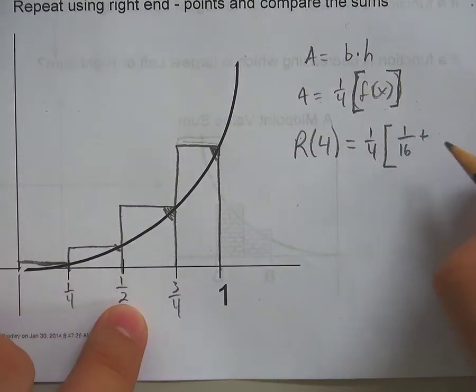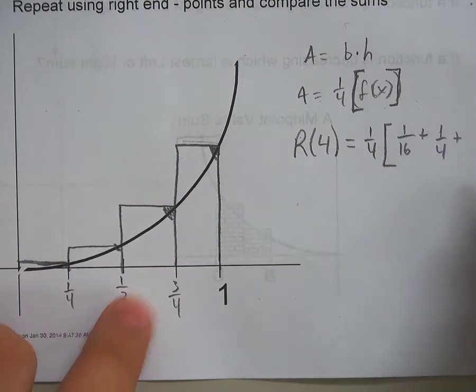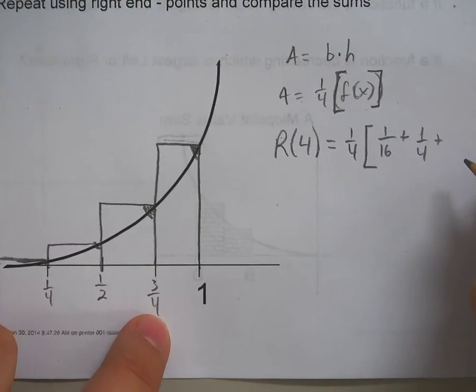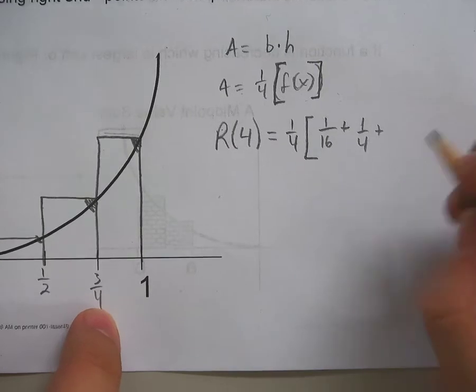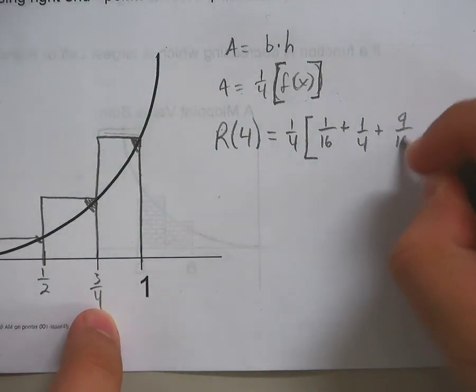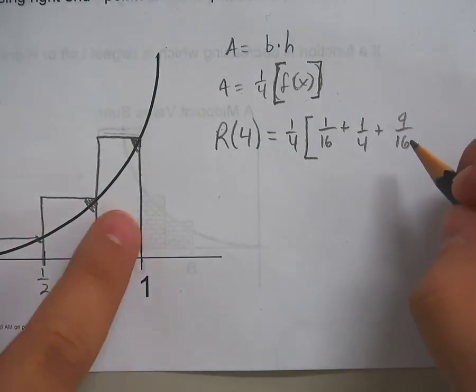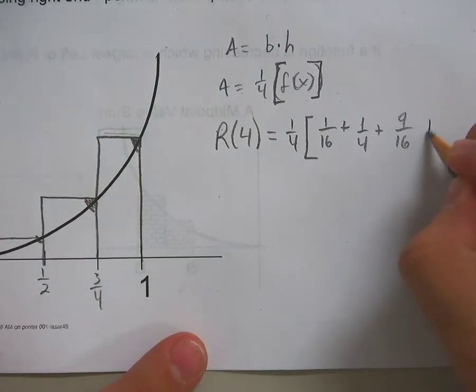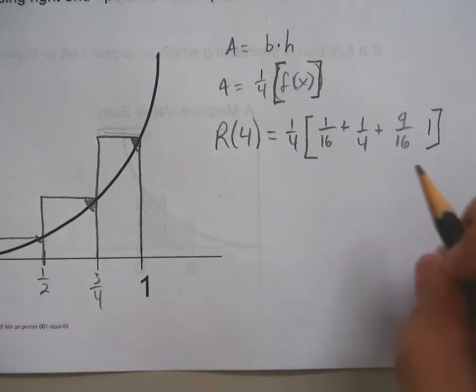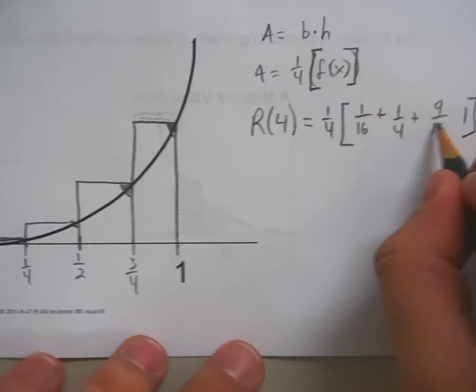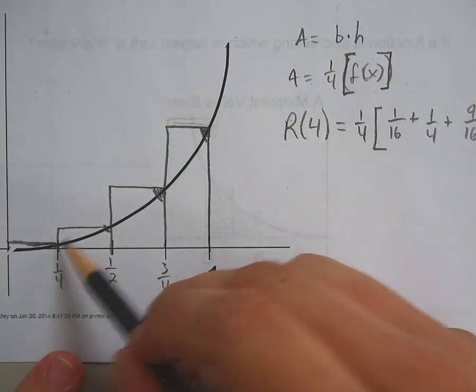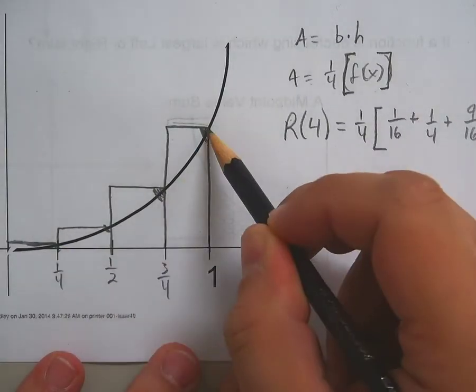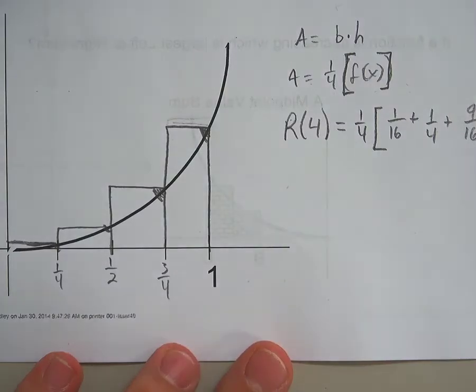Plus 1/2 plugged into x squared, I get 1/4. 3/4 plugged into x squared, I get 9/16. 1 plugged into x squared, I get 1. So again, these 4 values right here come from this point, this point, this point, and this point. They give me your heights.